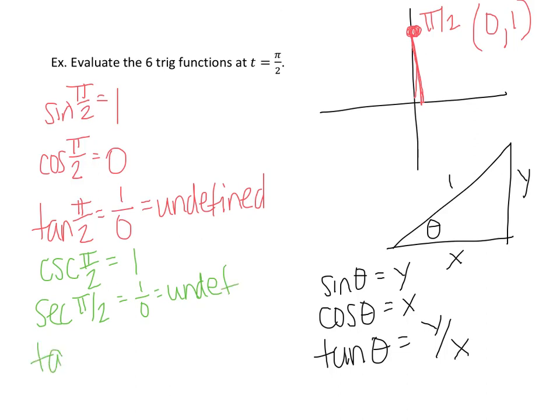And my cotangent of pi over 2, if I flip over 0 over 1, I get 1 over 0... I mean, cotangent is x over y, 0 over 1, which does come out to be 0. So just because tangent was undefined does not mean cotangent is undefined. Again, cosine was defined, but secant is undefined.